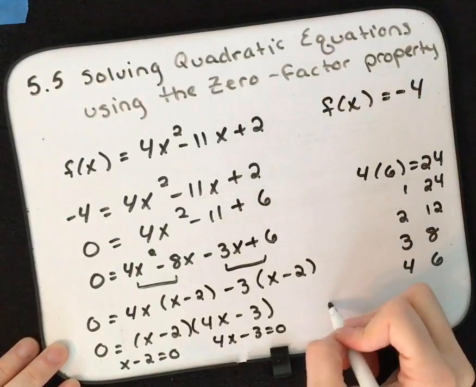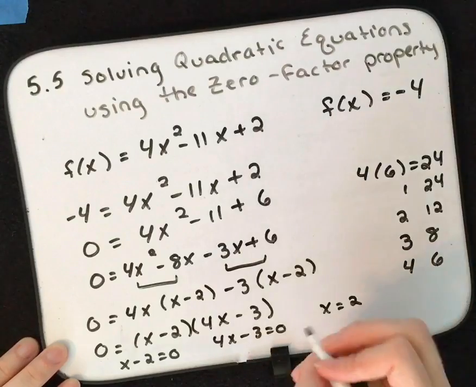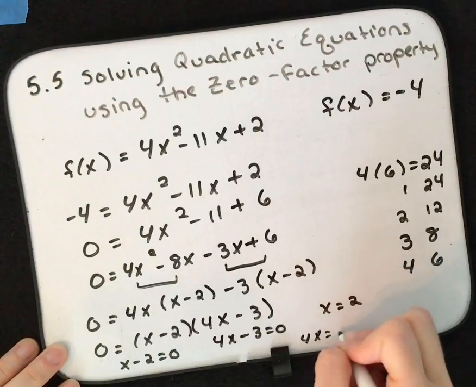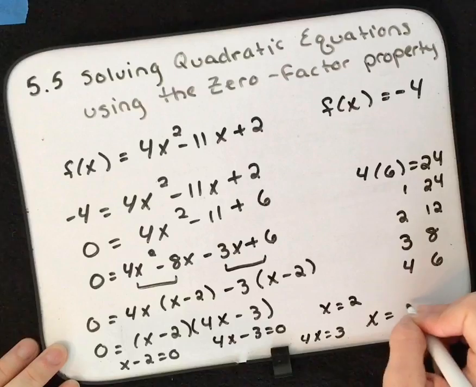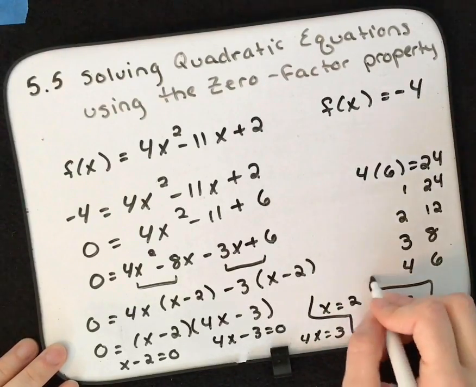X minus 2 equals 0 will give us x equals 2. And here we would add our 3, so we will have 4x equals 3, so x equals 3/4. So here are our two solutions.